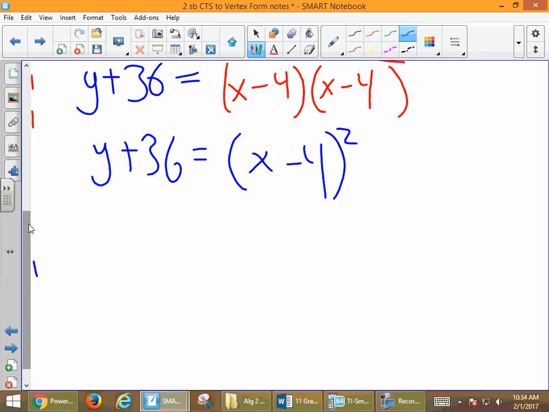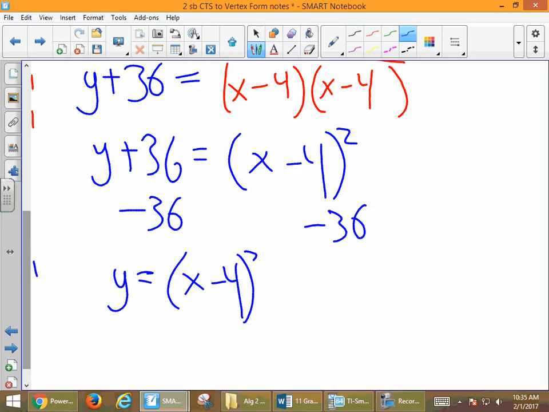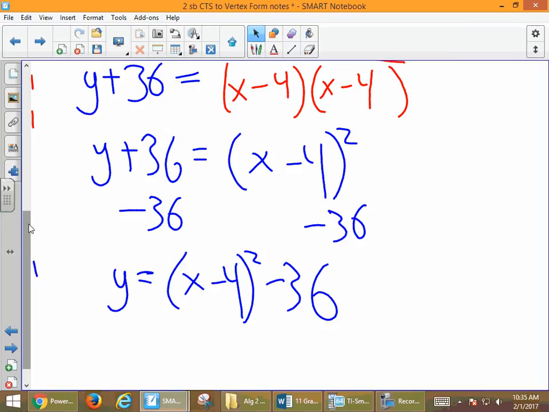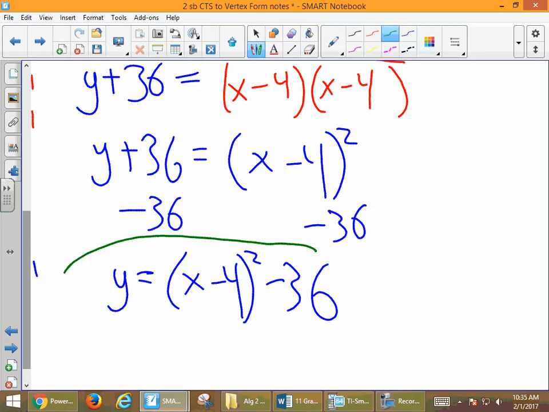So how are we going to get y by itself? Jordan? We can subtract our 36 back to the other side. And now we have y equals x minus 4 squared minus 36. And this is our new vertex form of the same quadratic that was given to us in a standard form.